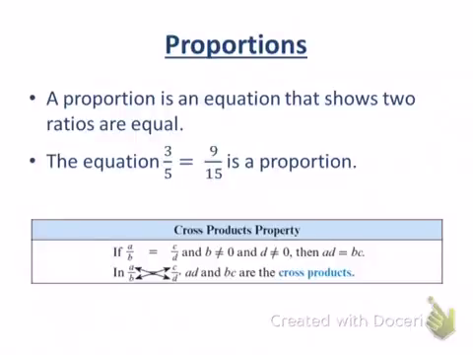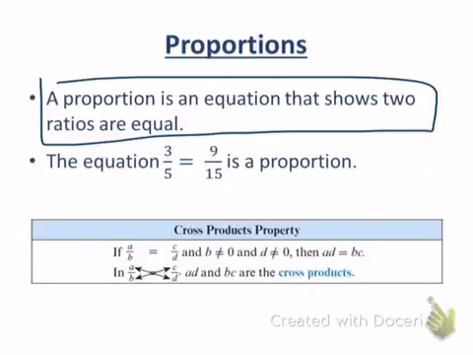And a definition of a proportion, and there's another definition we've already had, but a proportion is an equation that shows 2 ratios are equal. And ratios are comparison of 2 numbers by division. So a proportion is a fraction equals a fraction.